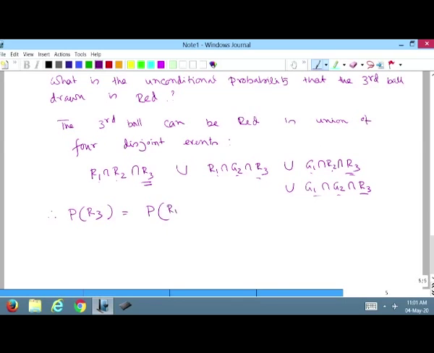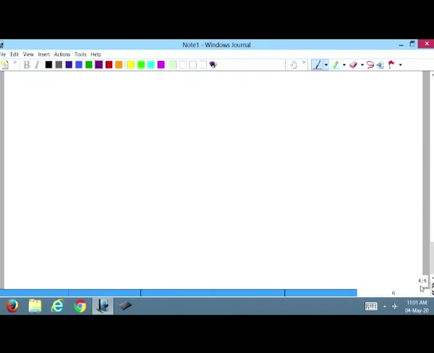So, let me write them as follows: probability of R1, R2, R3 plus probability of R1, G2, R3 plus probability of G1, R2, R3 plus probability of G1, G2, R3. So, let us again go by the tree diagram. As I said earlier, they are very useful when you are modeling the probability of a sequence of events.